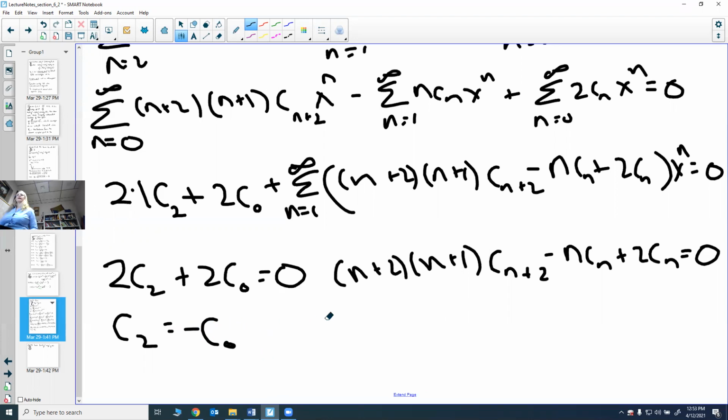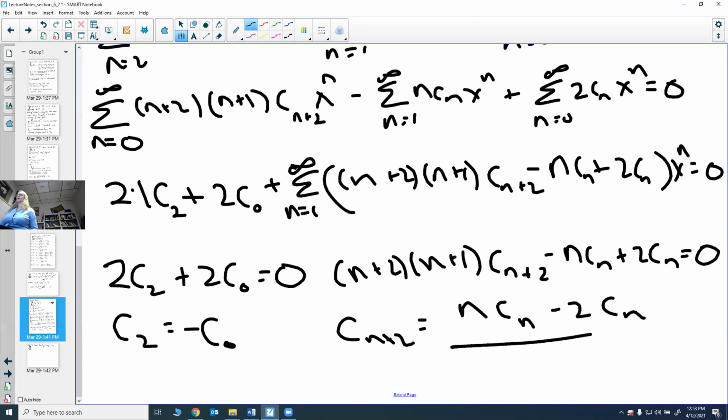And then the other one, I'm going to solve for c sub n plus 2 because it's the highest index. So c sub n plus 2 is going to equal n times c sub n minus 2 times c sub n over n plus 2 times n plus 1.